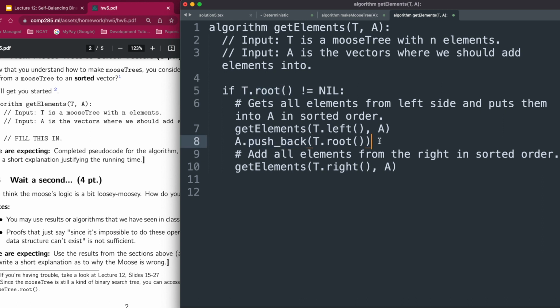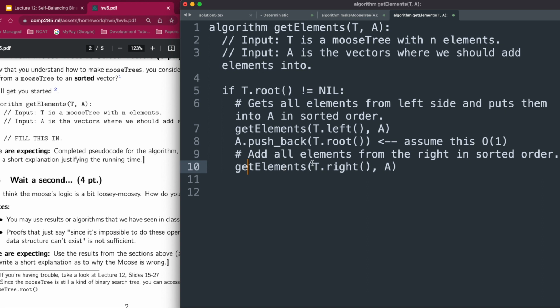Assuming pushback is constant time, so assume this is O of 1, which it is, since appending an element to a list or to the end of a vector is constant time, then you call yourself recursively, so you might think, hey, maybe I need to use master theorem here.